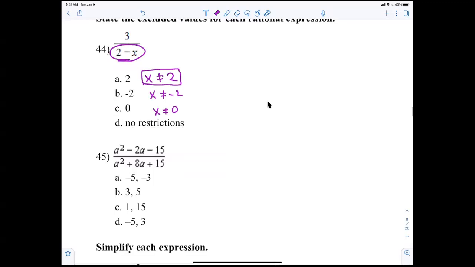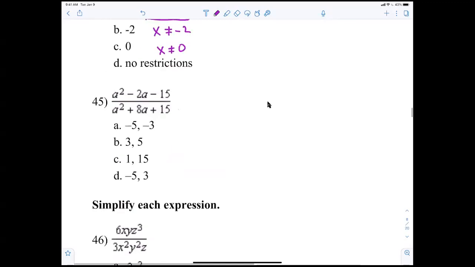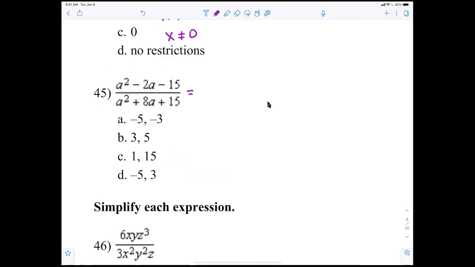All right, so for 45, the same exact principle here. Do I care about the numerator? No, the only thing I do is I care about the denominator. So what is the denominator going to factor to? Yeah, so a plus 5 and a plus 3. So we're going to say a cannot equal what? -5, or a cannot equal -3.